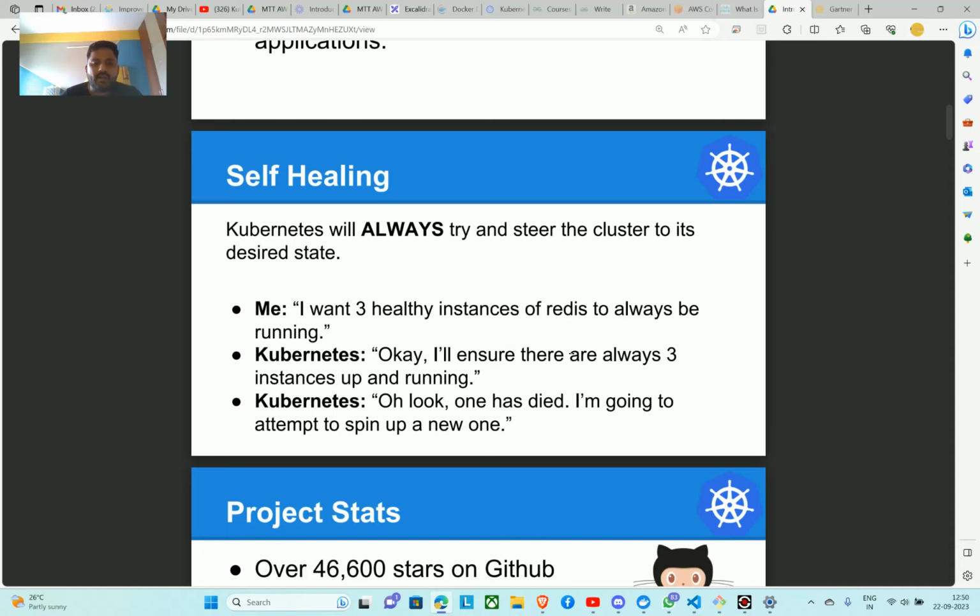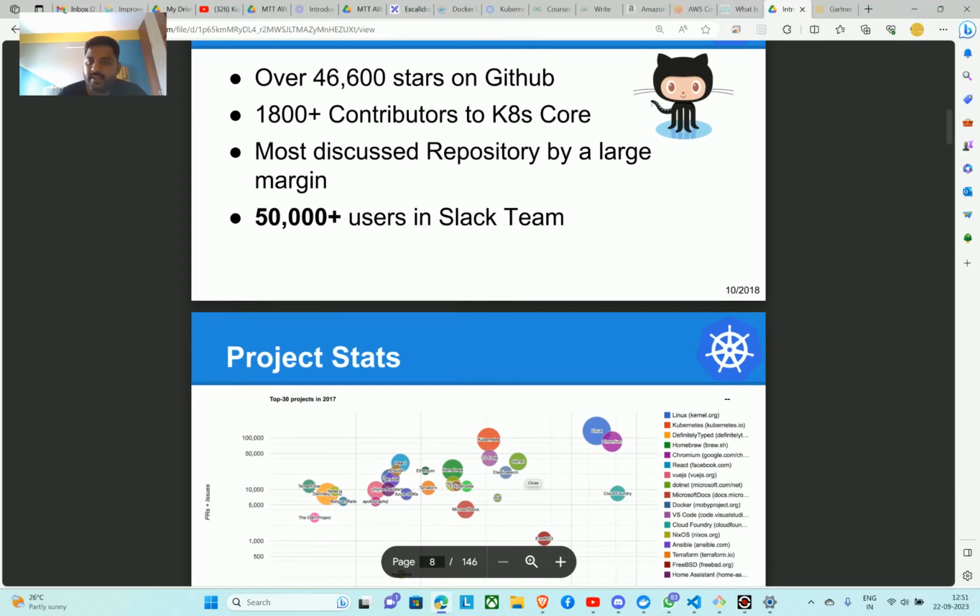For example, if I am the Kubernetes administrator and I want to spin up three healthy instances of a Redis cluster, Kubernetes will say, okay, I will ensure that there will always be three instances up and running. And if one of the three containers dies, it will be replaced by another healthy pod.